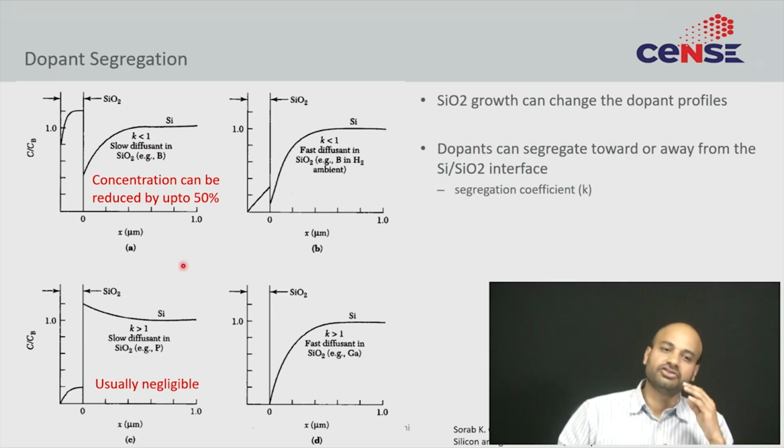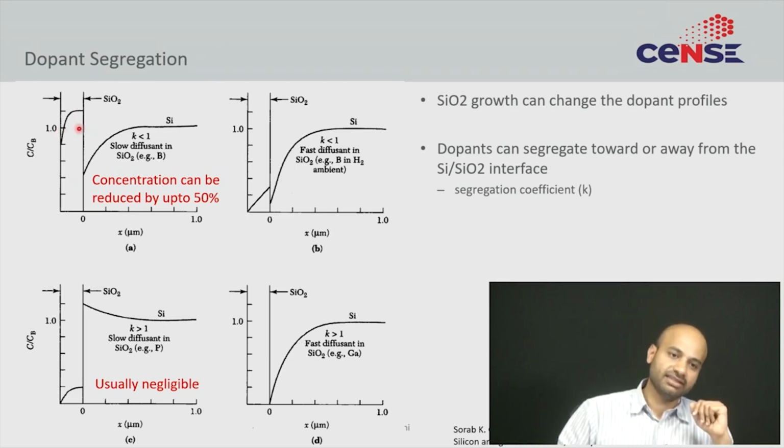In this case, the distribution coefficient is less than 1. What that means is that the impurity would like to remain in silicon dioxide versus silicon, right? And the second thing is that this is the case where the diffusion coefficient is low in the silicon dioxide. So the impurity does not like diffusing in the silicon dioxide. If that is the case, this is what you would expect.